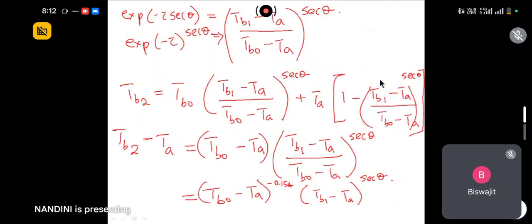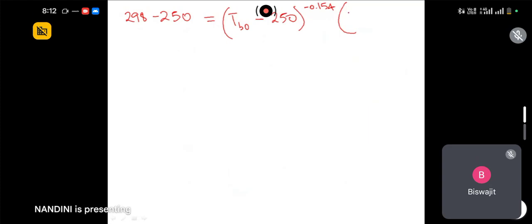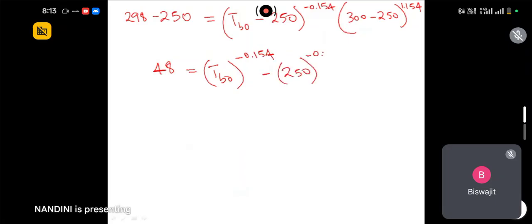TB1 is given as 300. 300 minus TA is 250, the whole raised to 1.154. 298 minus 250 is 48. 48 is equal to TB0, the whole raised to minus 0.154, minus 250 the whole raised to minus 0.154, into 300 minus 250, which is 50, 50 raised to 1.154. It will be 91.3.